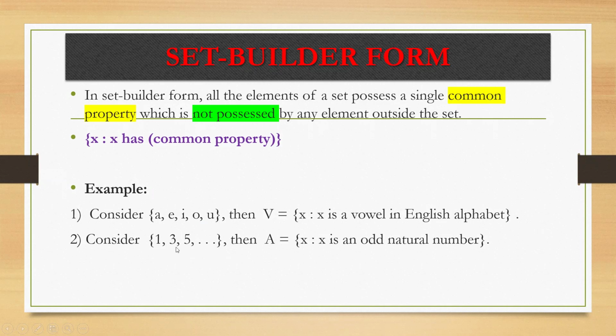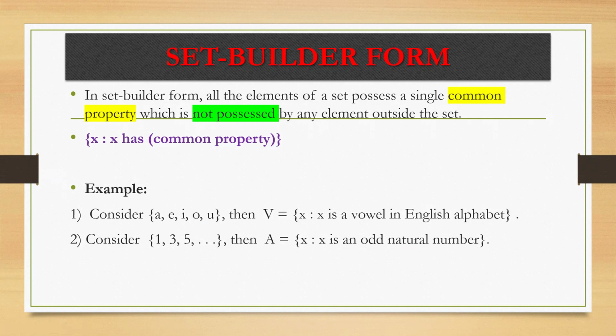They are odd natural numbers. We can give any capital letter name to the set. I am giving capital A equal to, how is it read? Set of all X, the curly bracket we read as set of all, and colon is read as such that X is an odd natural number.